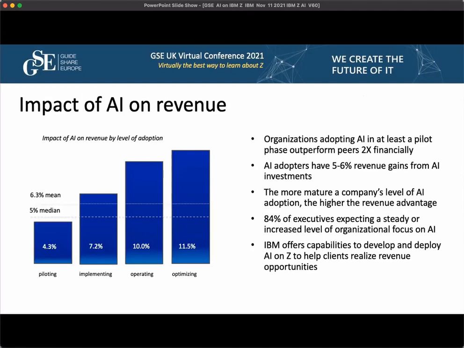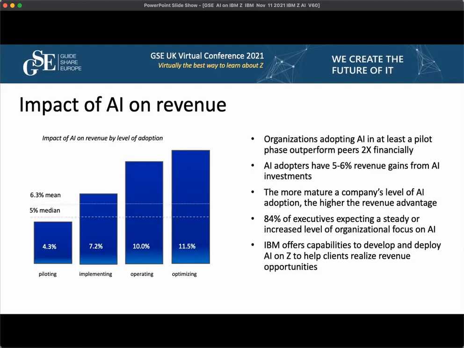A global survey conducted by the IBM Institute for Business Value in 2020, with the participation of over 6,700 C-level execs across 28 industries in 46 countries, found that AI is an economic accelerator and has a notable impact on business revenue.